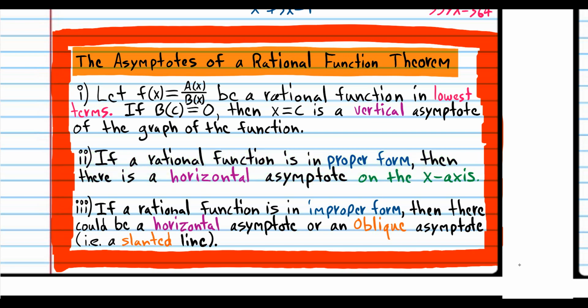But we did not deal with this situation down here, where our rational function is in improper form. In that situation, there's probably going to be a horizontal asymptote, but it's not necessarily going to be on the x-axis. Also, we might have an oblique asymptote, and like I said, we might have a curved asymptote, but I didn't put that in the description here because technically asymptotes are supposed to be lines.